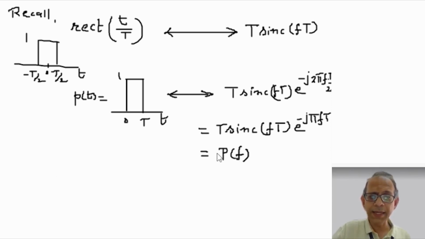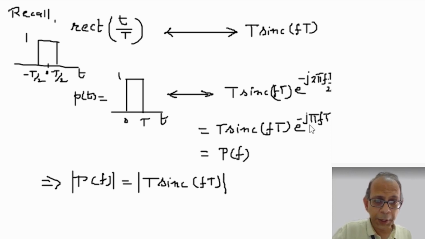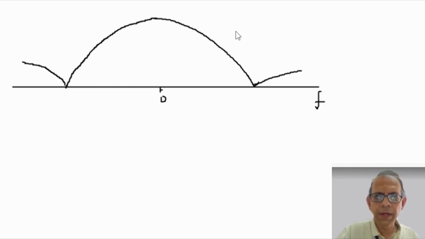Now we are interested in the magnitude of P(f). So the magnitude of P(f) is equal to the magnitude of T sinc(fT), because the magnitude of e^(-jπfT) is just 1. Let us try to sketch this. So it looks something like this.